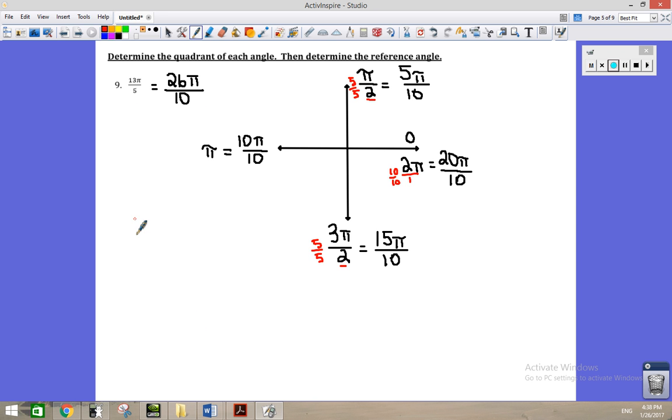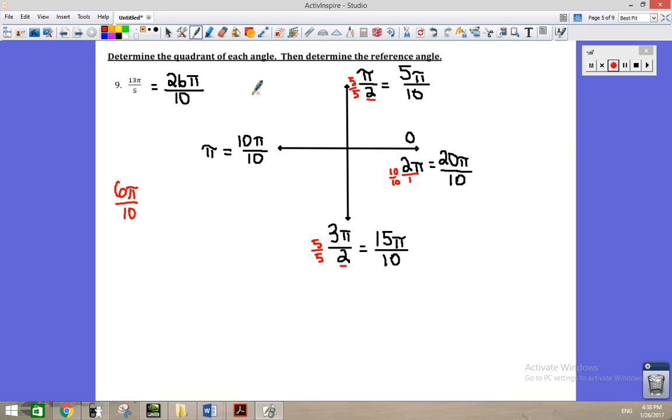So to find a coterminal angle, if I subtract 20 pi over 10, then 26 minus 20 is 6, and I'll have 6 pi over 10. And now I can look at 6 pi over 10 and say 6 is bigger than 5 pi over 10, and 6 pi over 10 is smaller than here.